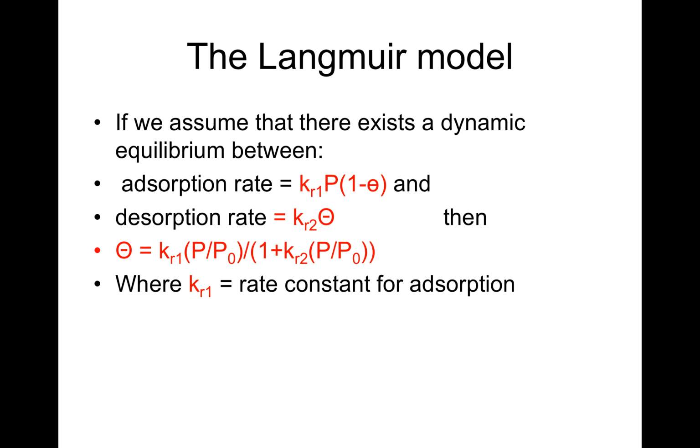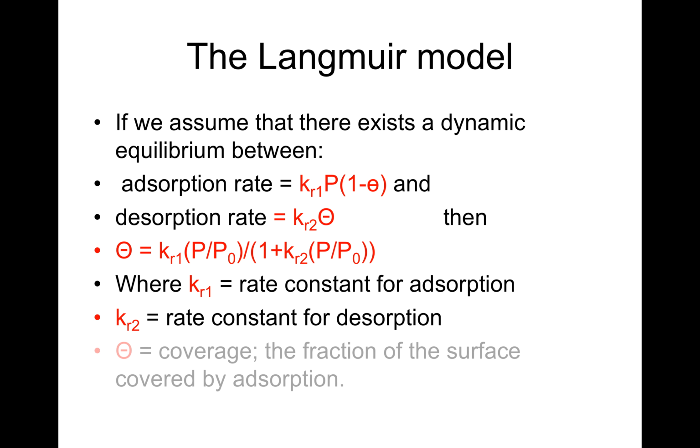Here, Kr1 is the rate constant for adsorption. Kr2 equals the rate constant for desorption. Theta is described as the coverage. This is the fraction of the surface covered by the adsorbate. So it varies from 0 to 1.